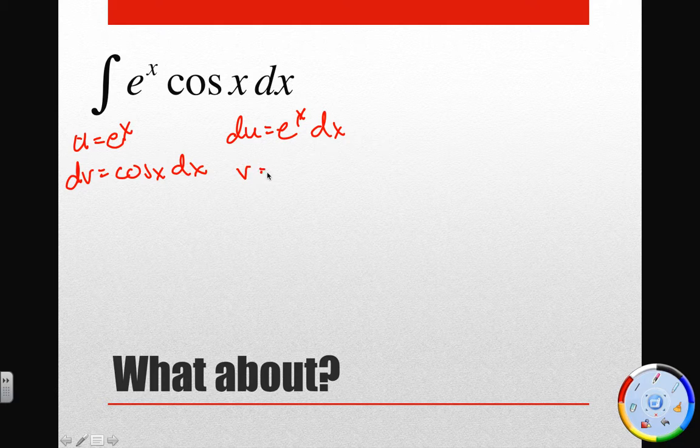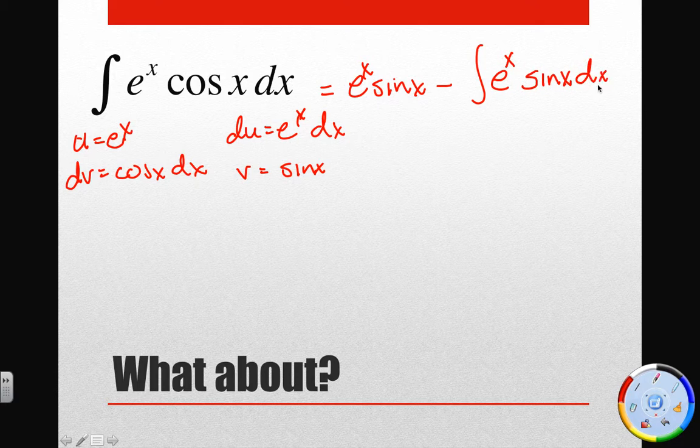And the original function was sine x. Okay, this is fun. uv, so e to the x sine of x minus the integral of e to the x sine of x. Oh, that doesn't look any simpler.